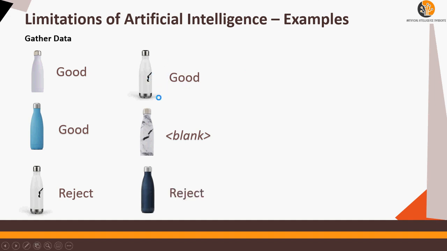Why is this a reject? If you provide this type of data set to an artificial intelligence algorithm, the model is not going to work because it's now confused. One time this is a good reject, another time this is good. It's now confused.